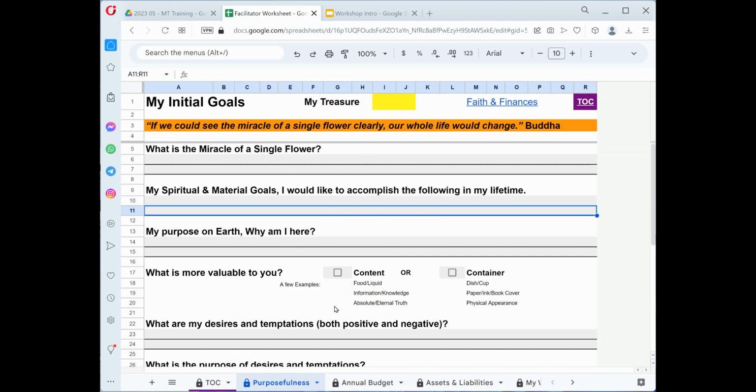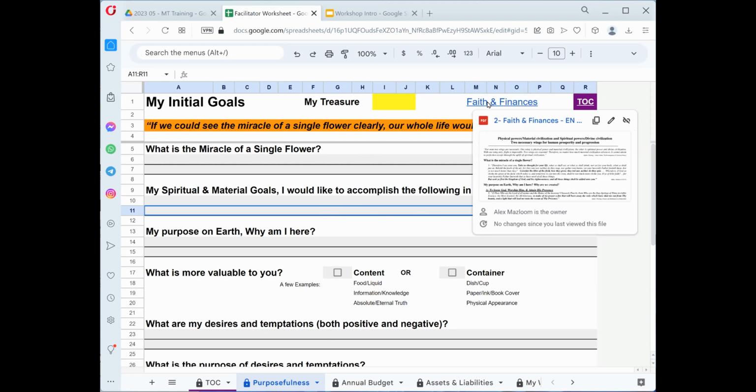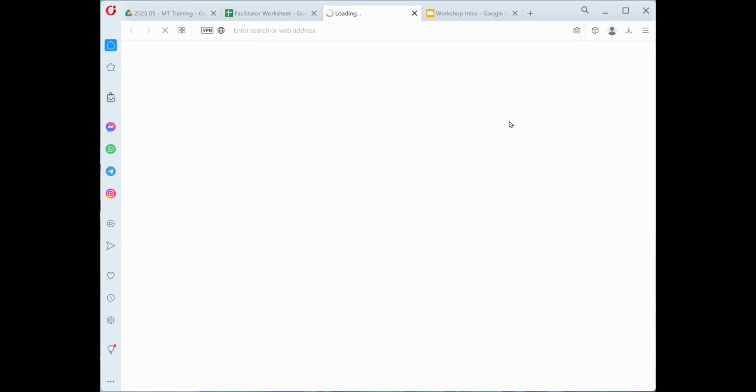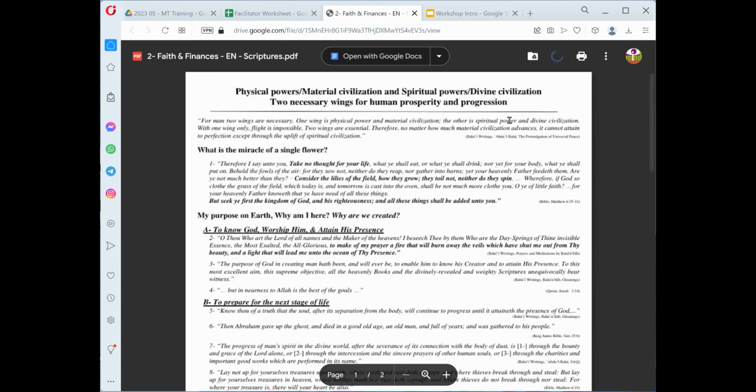So the responses to all of these questions are going to come actually from sacred writings. And in your worksheet later on, you can look. This file is a compilation of scriptures that we have pulled from different spiritual writings. Again, from the Baha'i writing, from the Bible, from the Quran, from Buddha's writing.